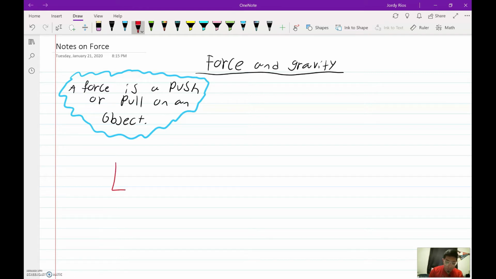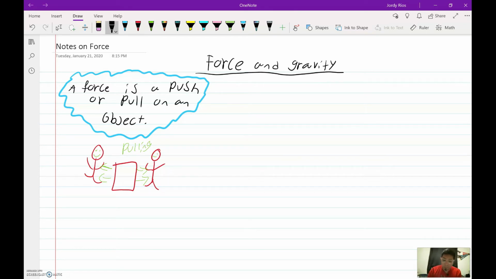So imagine there's a box here, and we have a few students here, and one of them is pulling it this way and this one's pulling it this way. So they're both what? They're both pulling the object.